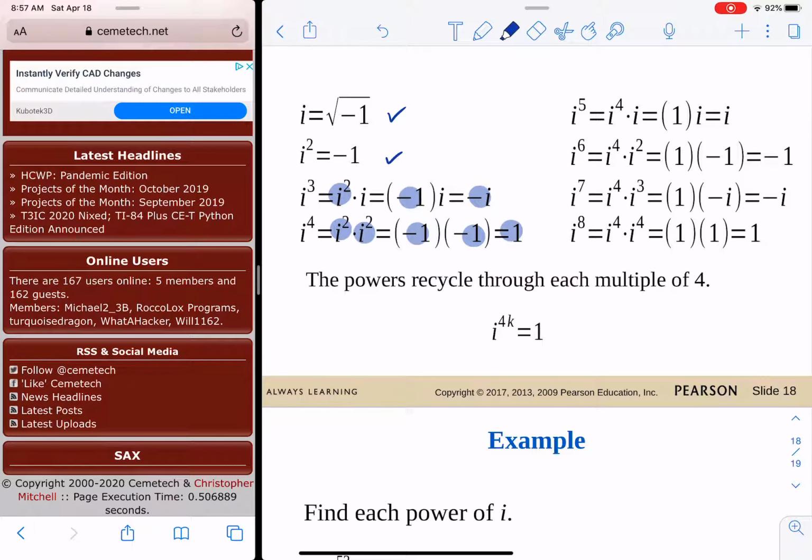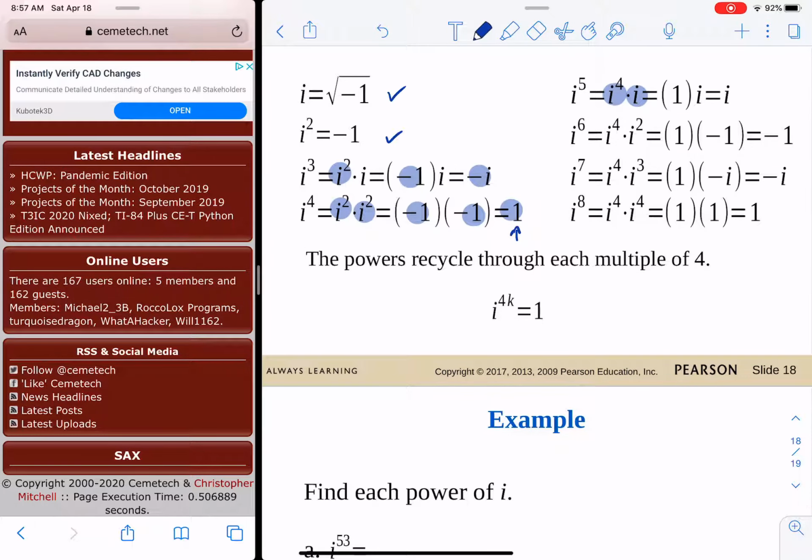Then i raised to 5 would simply be i raised to 4 times i, but we know i raised to 4 is one. So you take that 1 and plug it in there. We have 1 times i, we have i.